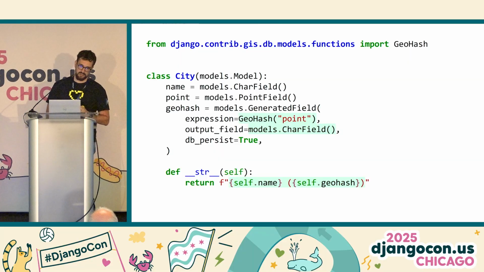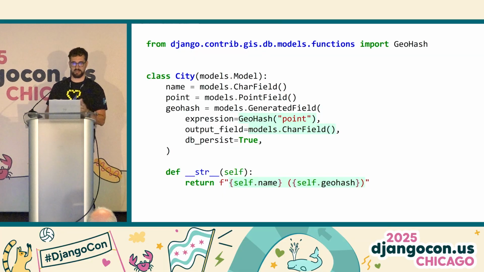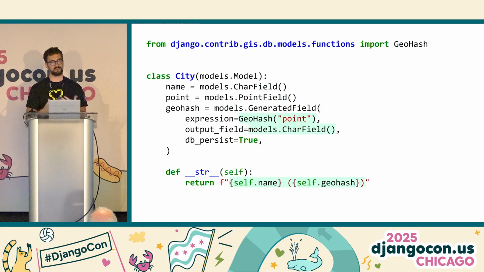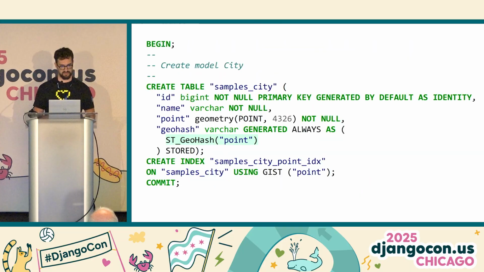One thing that is very common to have with a map is the hash of your point. In this case, we have a city class with a name and a point. What we can calculate automatically is the hash of it. And it's very straightforward because in GeoDjango we already have this function, the GeoHash function.